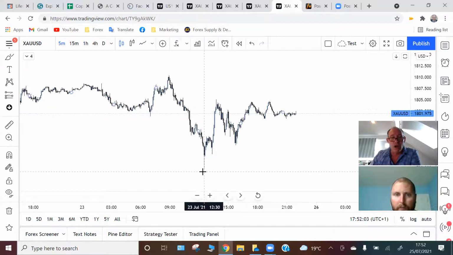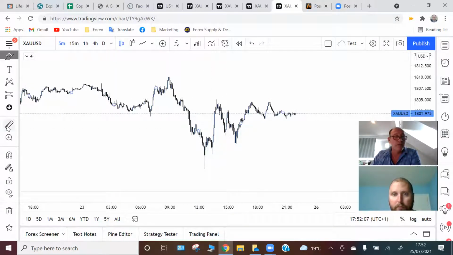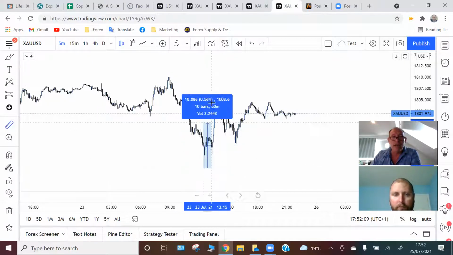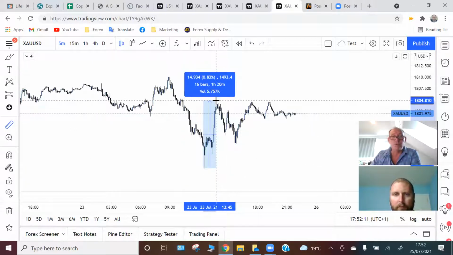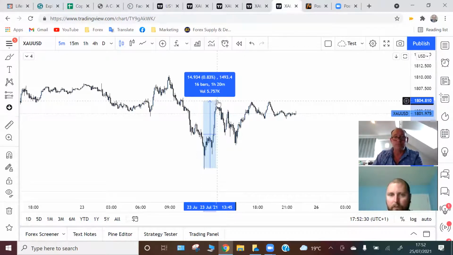All I'm saying is, from there to there was 1 hour and a half of time, and in terms of pips it was about 1493. I'm just stating a fact, so you know how to read what I'm reading. I'm reading the time, 1 hour 20, and the pips, 1493.4, just so we know, and the people at home.